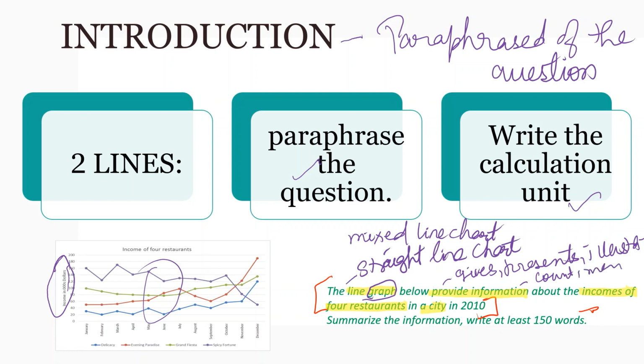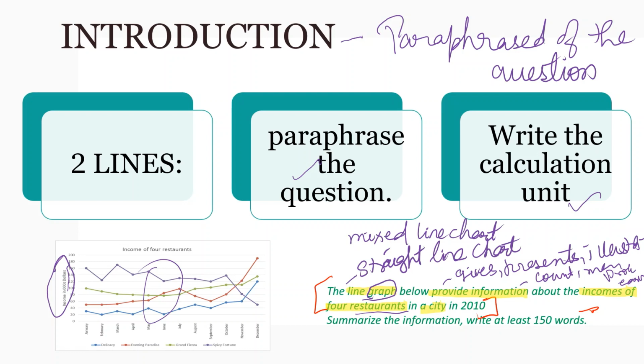All these kinds of words you can use in terms of information. About the income of 4 restaurants, for income, you can say the profit or earnings. For restaurants, eatery, eat out, dining. All these kinds of synonyms you must use for the question.